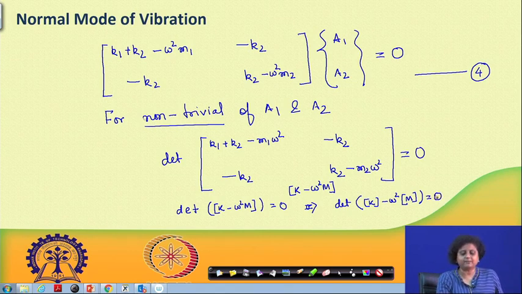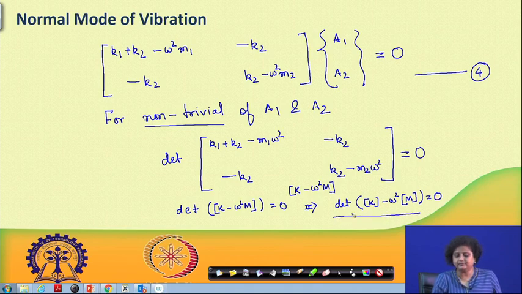So, we have taken a particular form of k and m for a given system. If we take any arbitrary k and m for any given system, then the equation in a generic form is going to be determinant of k minus omega square m is equal to 0.